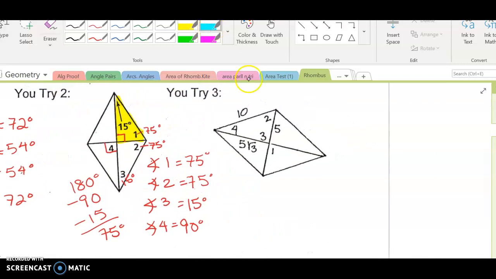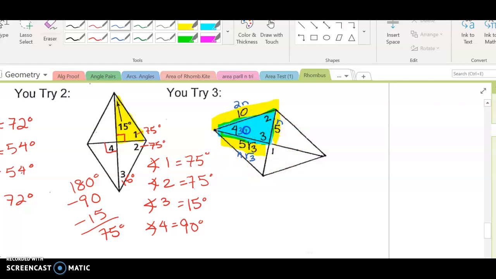In You Try 3, this is another one where I was hoping you would notice the pattern. So 1, 2, 3, and 4 are all angle degrees, and then I meant for 5, 5 square root 3, and 10 to be side lengths. I hope you noticed that pattern, that this was 5, 5 square root 3, and 10, in which case this is a 30-60-90.